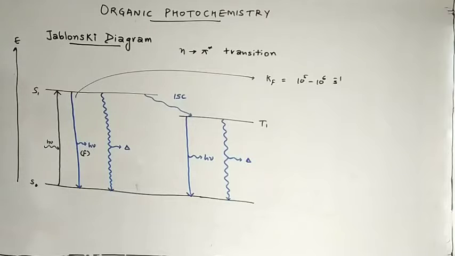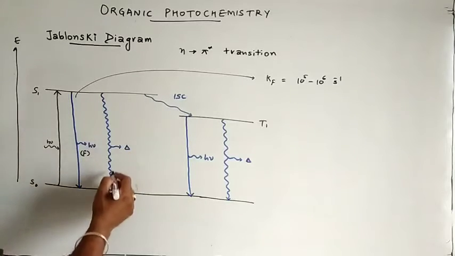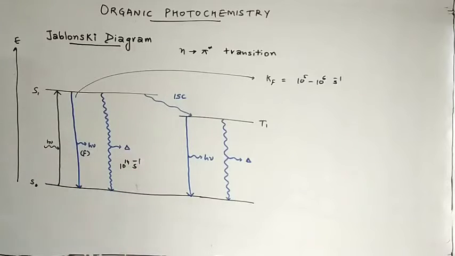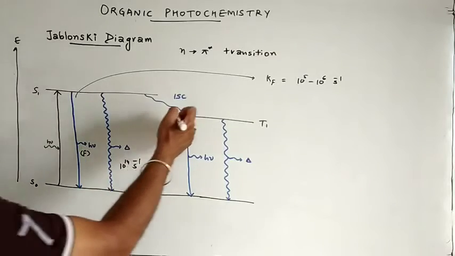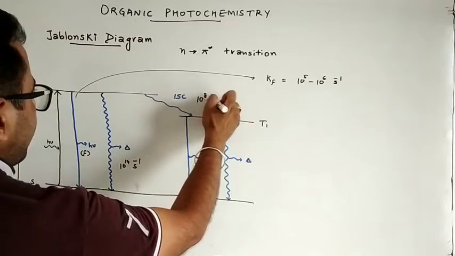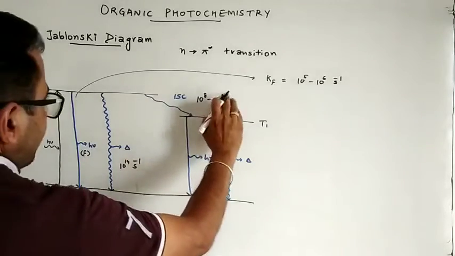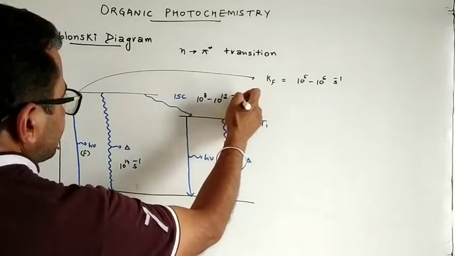The rate constant for fluorescence is about 10^5 to 10^6 per second. And this is your internal conversion. The rate constant is 10^14 per second. It's faster. This transition, intersystem crossing, takes 10^8 to 10^10, not 12, per second.